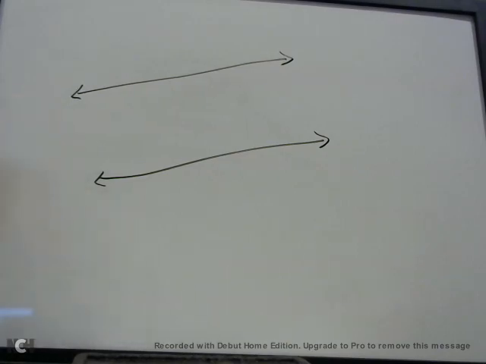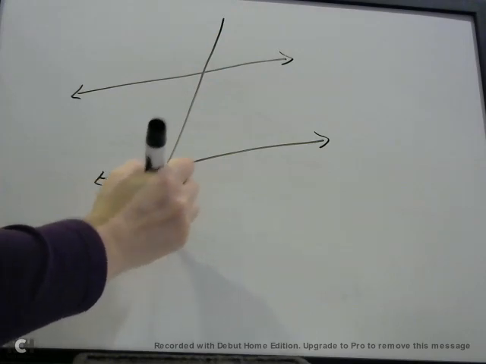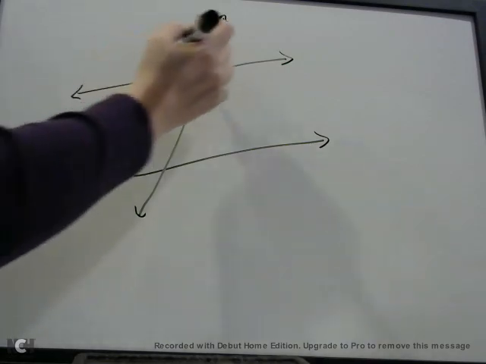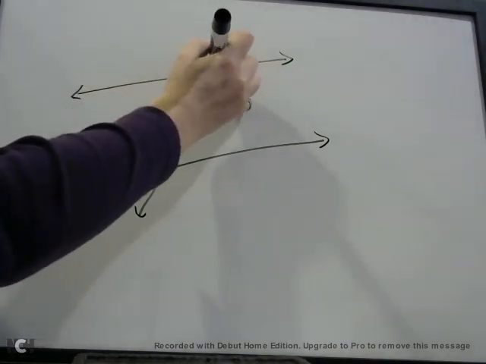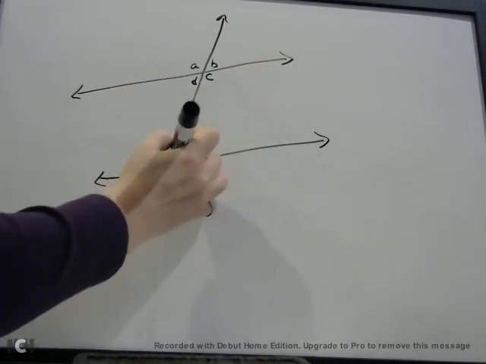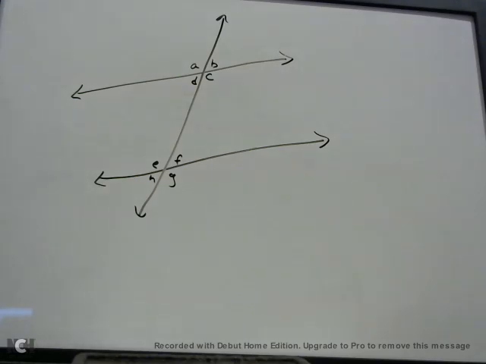If they give you two parallel lines and then they intersect them with a third line, we're going to use the same concept we just used plus one additional thing. So here we have A, B, C, and D, but down here we also have angles E, F, G, and H.